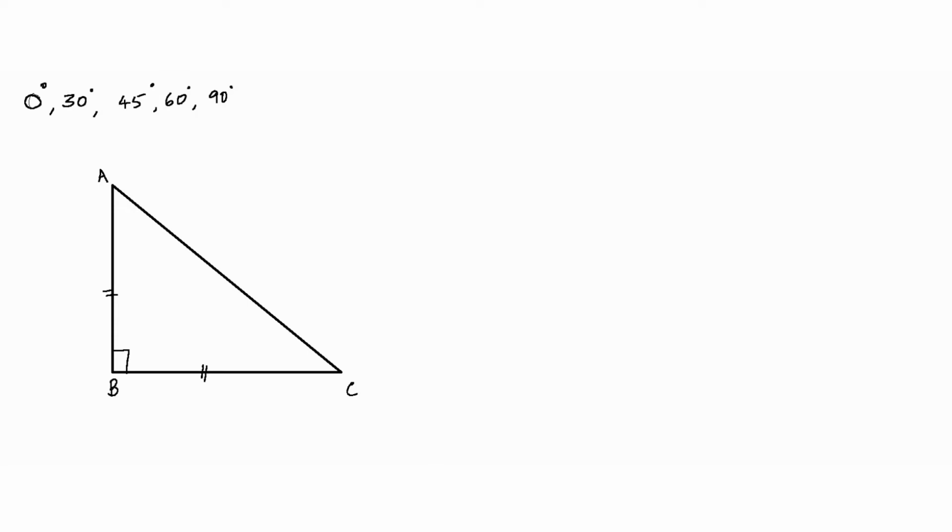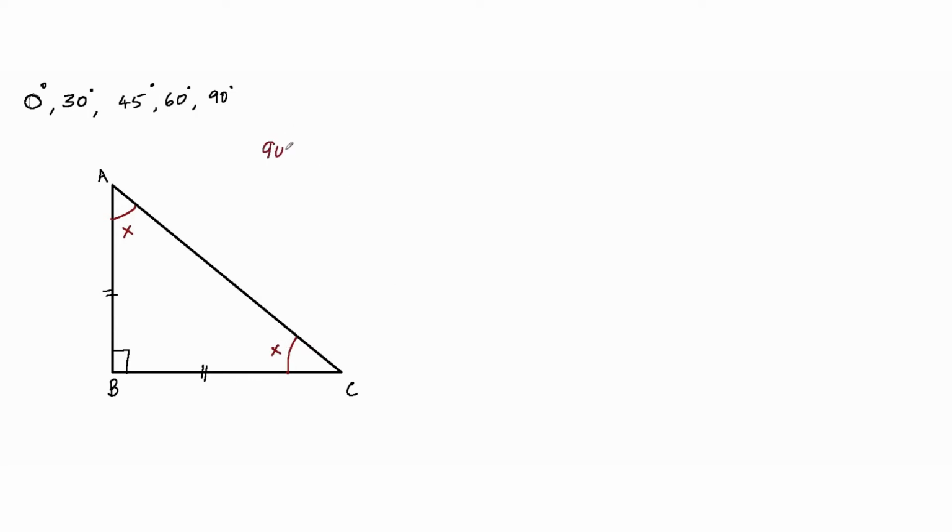Now because this is an isosceles right angle triangle, I know that these base angles are going to be equal. So let us calculate the measures of these equal angles. Let this particular angle be x. So if this angle is x, then this angle is also x.